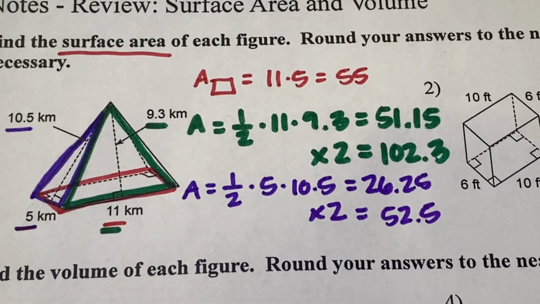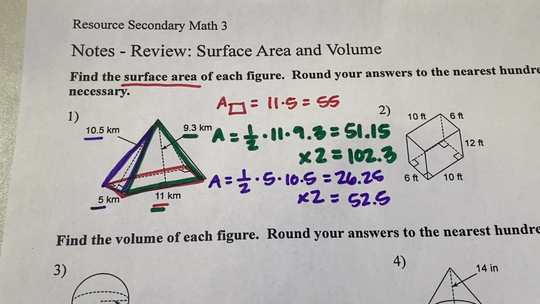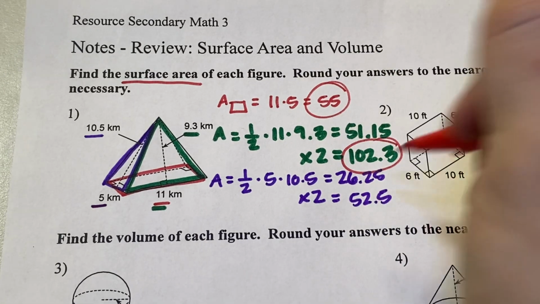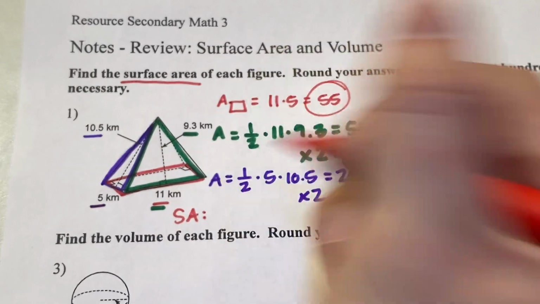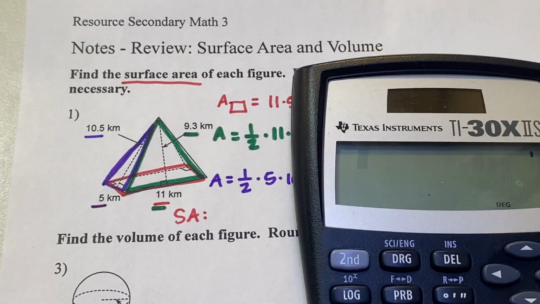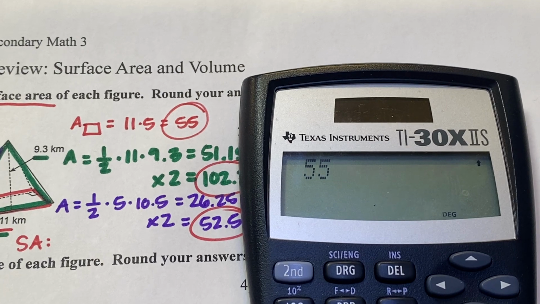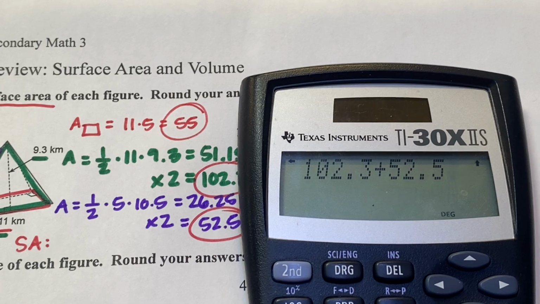Which is fine. Okay, now what do I do with all 3 of those measurements that I just found? Add them up. Okay, so I had 55, 102.3, 52.5. It's going to give me my entire surface area. So I have 55 plus 102.3 plus 52.5.